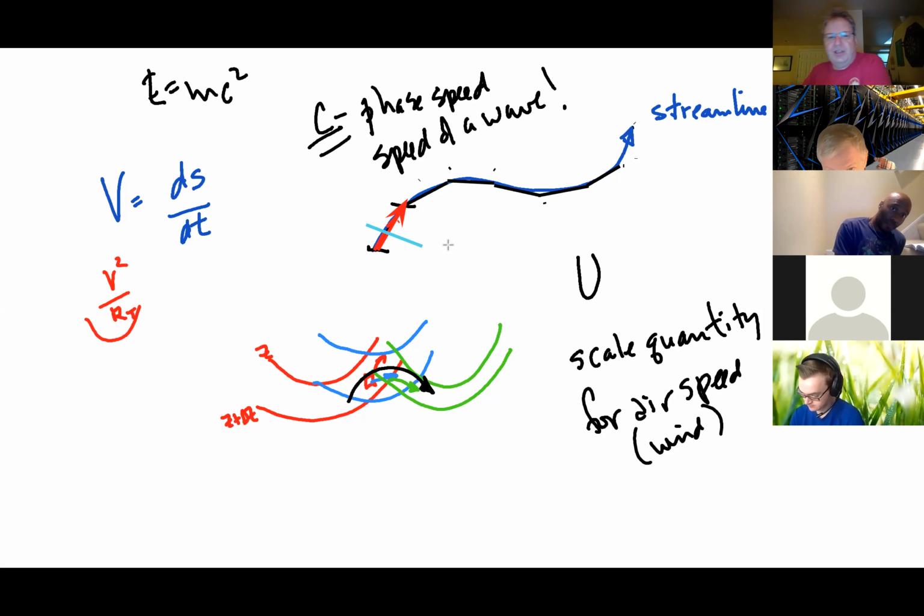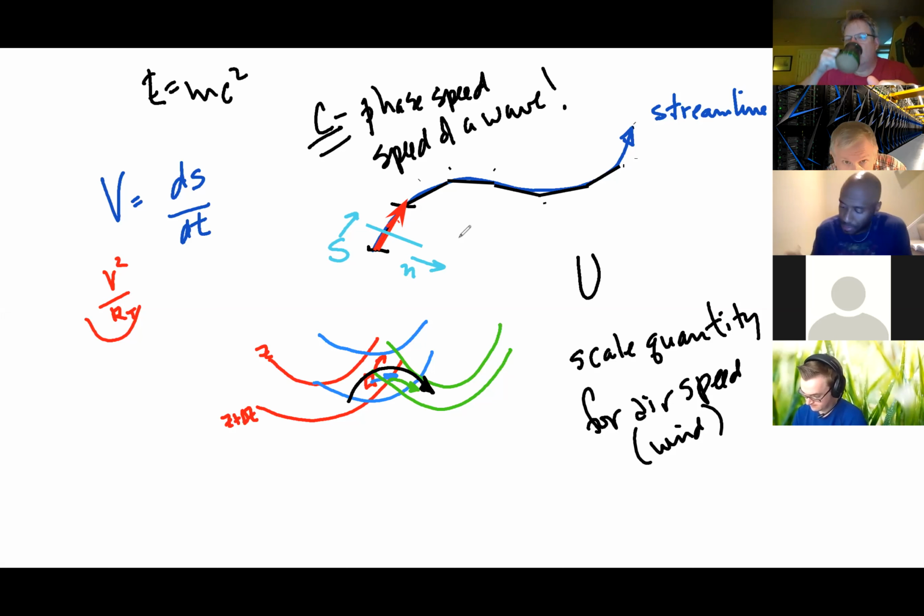So what I'm saying is that this is s along the streamline, and this is n this way. Normal. What are the three words that mean perpendicular? Perpendicular, normal, and what's the third? Orthogonal.